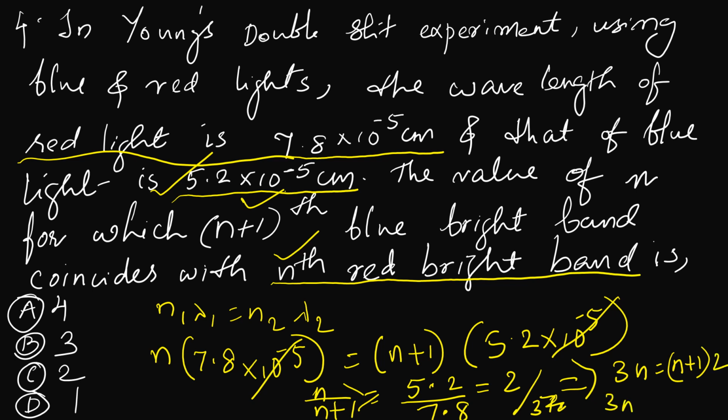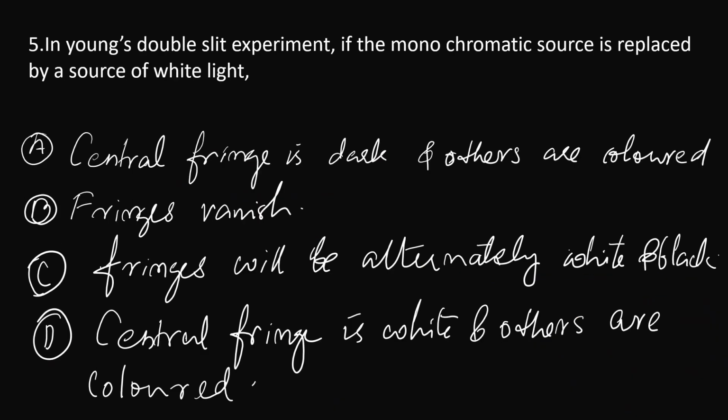That is 3n minus 2n equal to 2, or n equal to 2. So option C is the correct. In Young's double slit experiment, if the monochromatic source is replaced by source of white light, options are given. Among these, option D is the correct one. That is, central fringe will be white and others are colored.